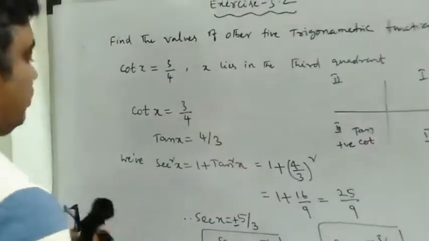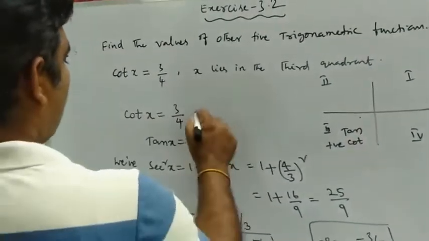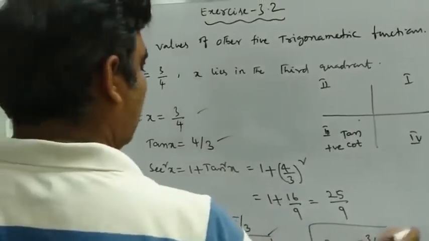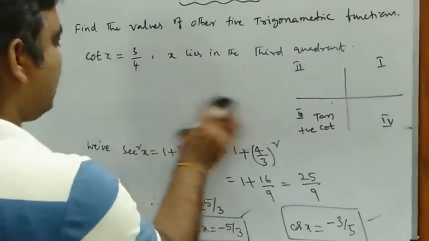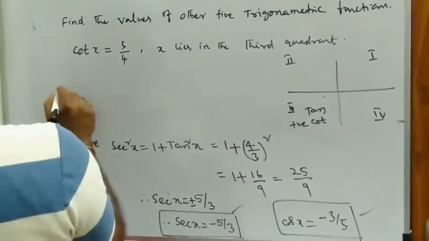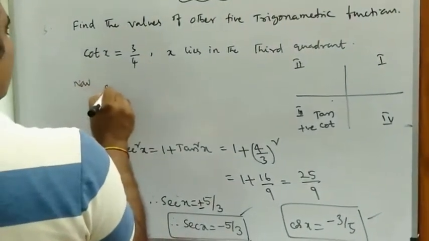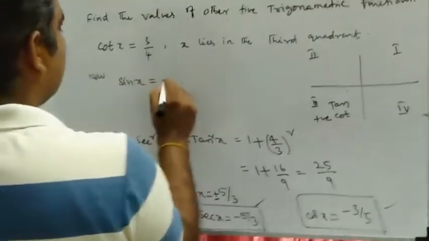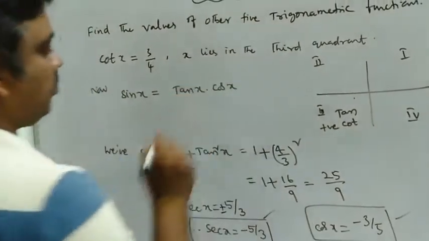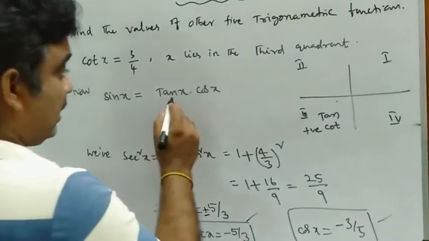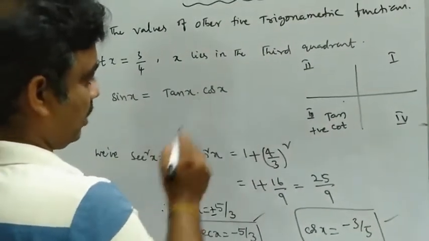So next, to find sin x, we have already reached four values: cot, tan, secant, cos. To find the other value, sin x, how can you write sin x? As tan x into cos x, since tan x is sin x by cos x.